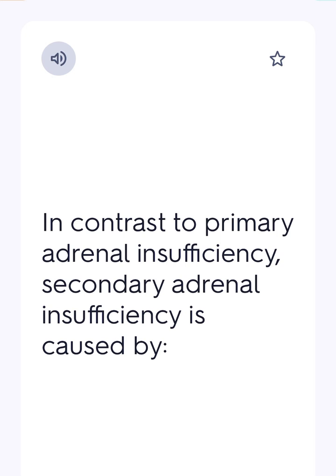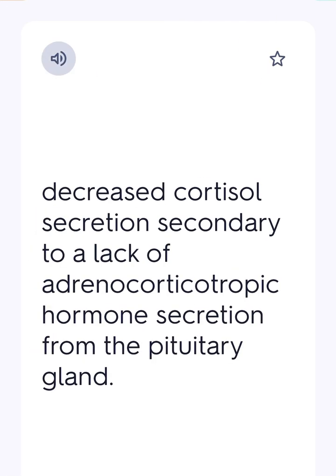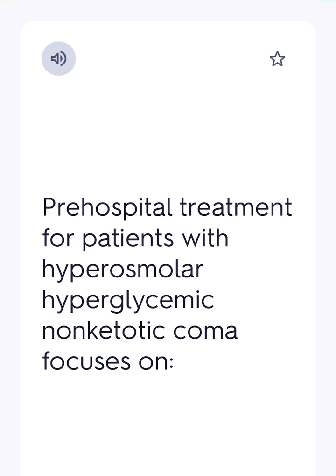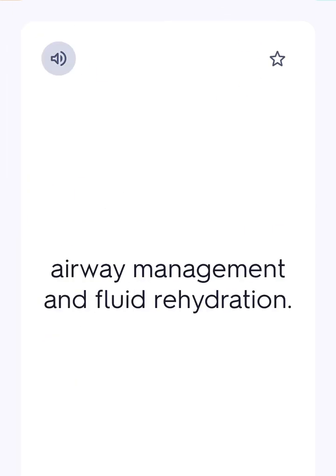In contrast to primary adrenal insufficiency, secondary adrenal insufficiency is caused by decreased cortisol secretion secondary to a lack of adrenocorticotropic hormone secretion from the pituitary gland. Pre-hospital treatment for patients with hyperosmolar hyperglycemic non-ketotic coma focuses on airway management and fluid rehydration.